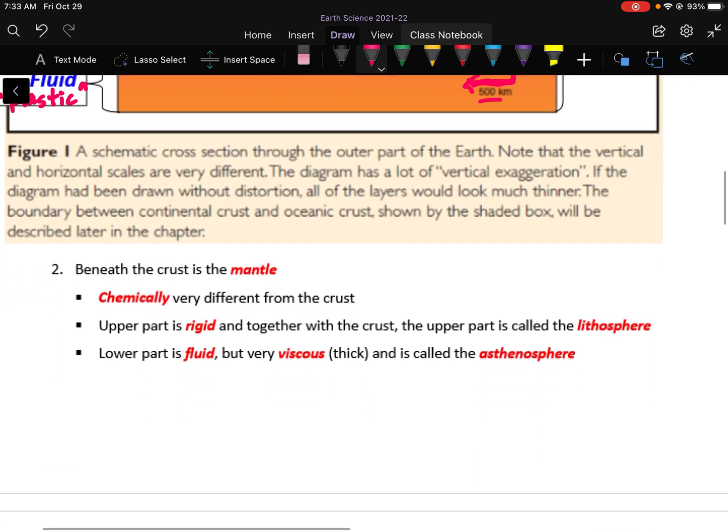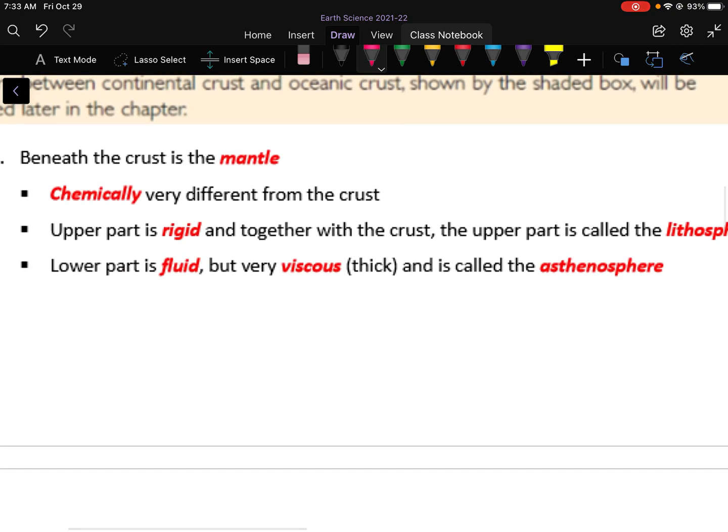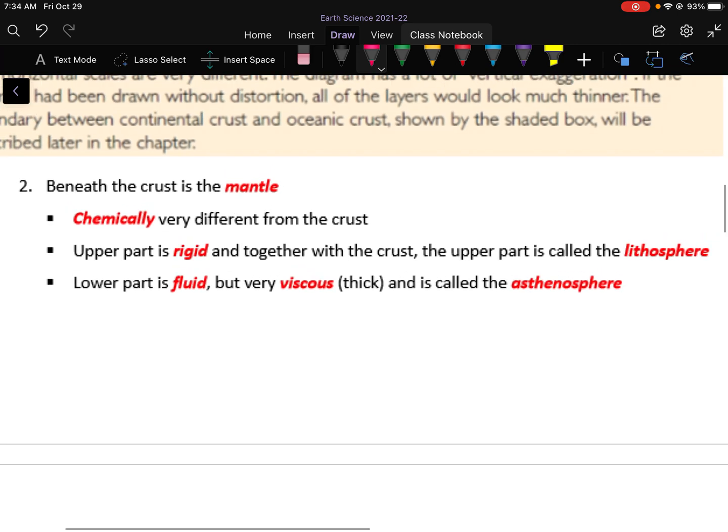Beneath the crust is the mantle, which is very different from the crust in terms of its chemistry. Like I mentioned before, it's primarily made of this material called peridotite, and we will look at that in a following chapter in Earth Science. The upper part of the mantle is rigid, and that upper mantle plus the crust is what we call the lithosphere.